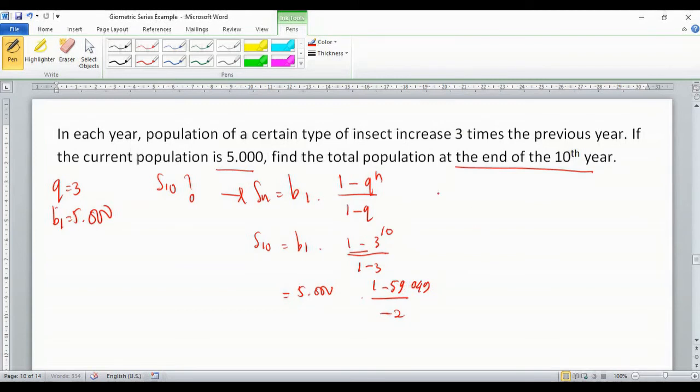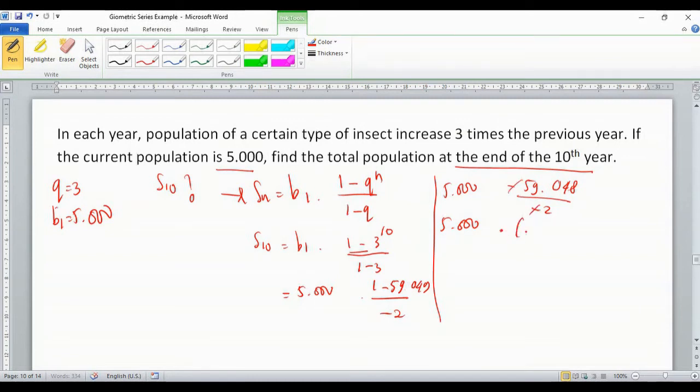59049, or we can write it as 5,000 times (1 minus 59049) divided by minus 2, right? So from here, 5,000 times minus minus becomes positive.